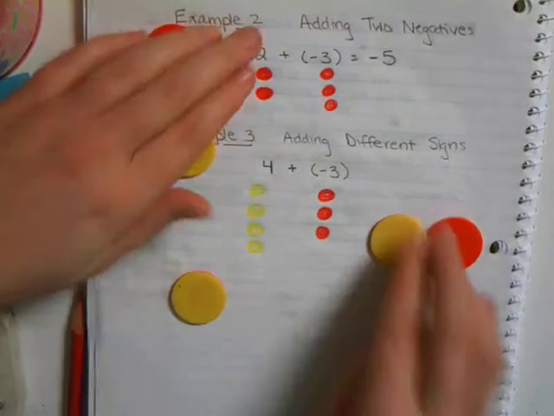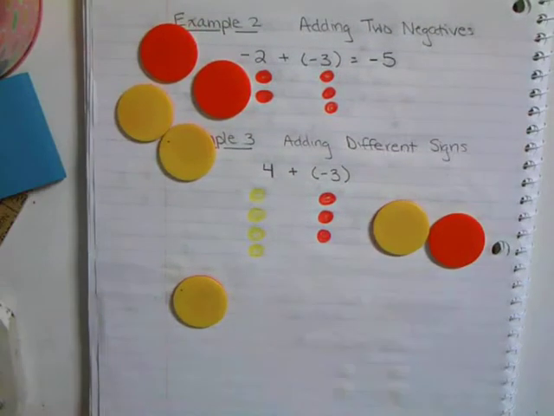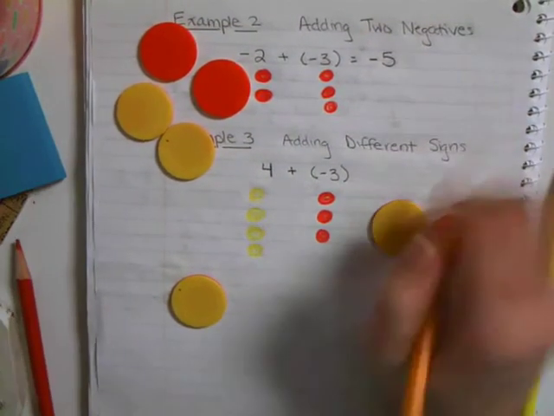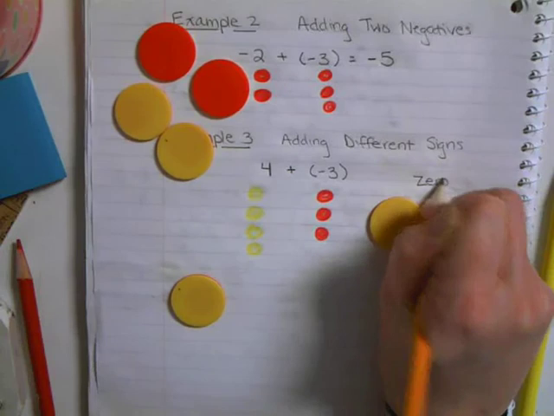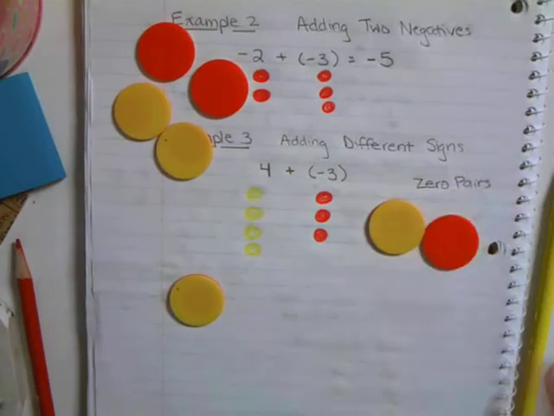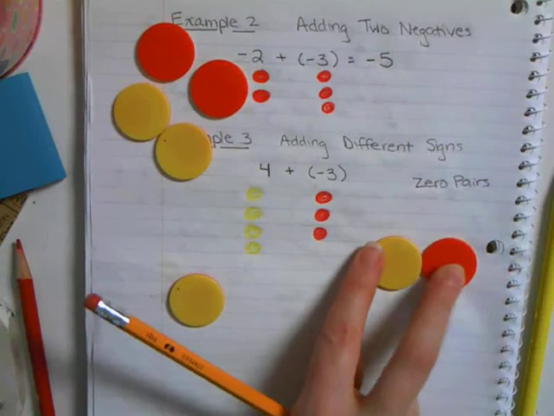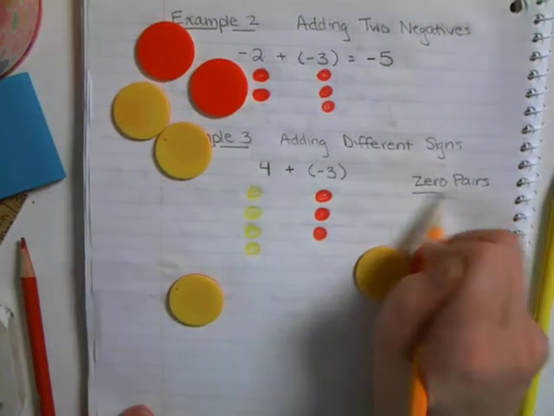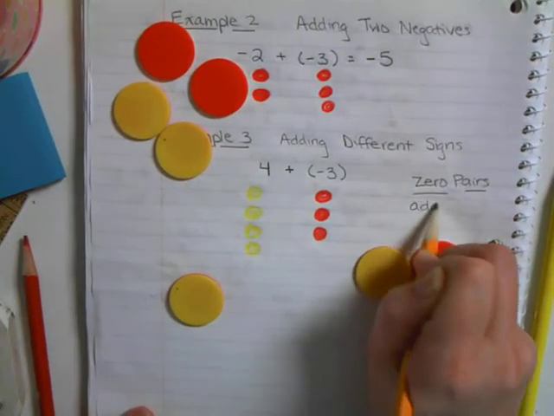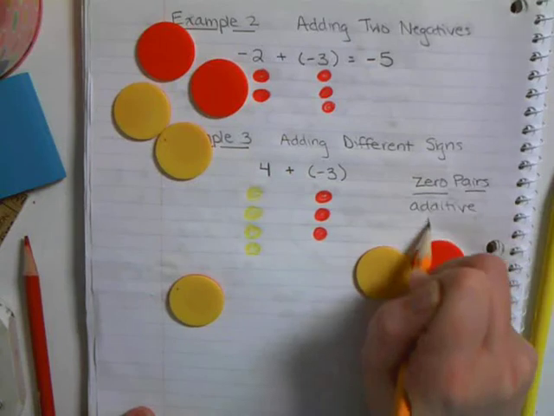Okay? This right here, this yellow and red, this is what we call zero pairs. It's a pair of numbers that if you add them together, they'll equal 0. So zero pairs are your additive inverses.